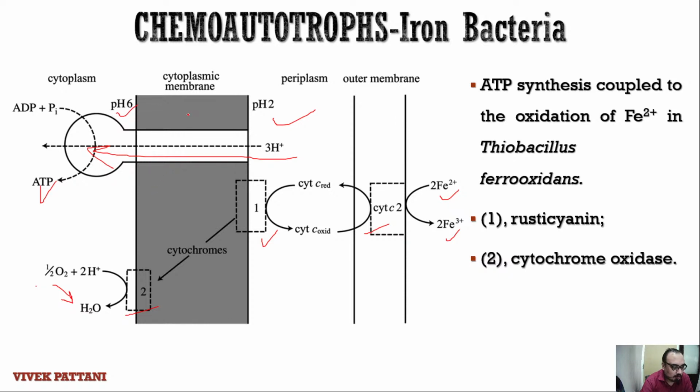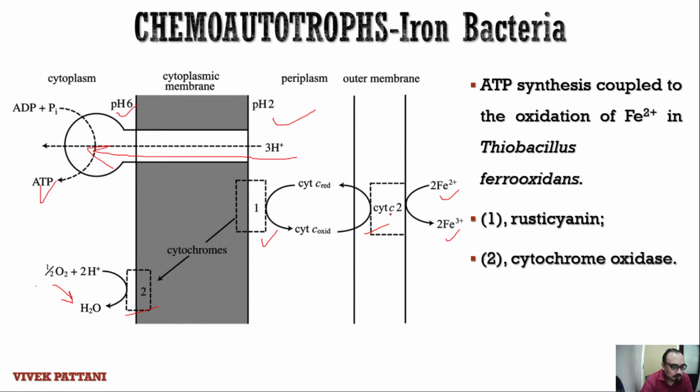I am repeating the whole process again. The ATP synthesis is coupled to the oxidation of Fe2+ into Fe3+, in which two main compounds are involved, rusticyanin and cytochrome oxidase. Fe2+ will be converted into Fe3+, that is ferrous into ferric, with the help of cytochrome c2, which will be reduced. This reduced form will then be converted into the oxidized form.